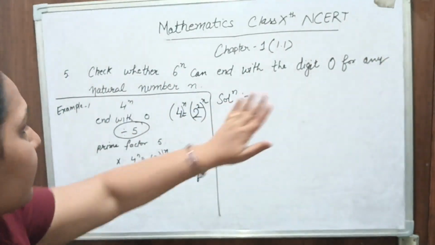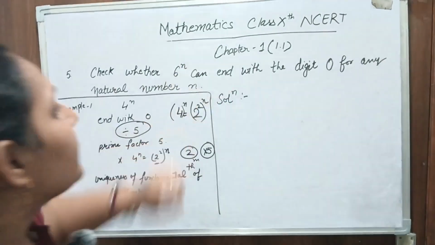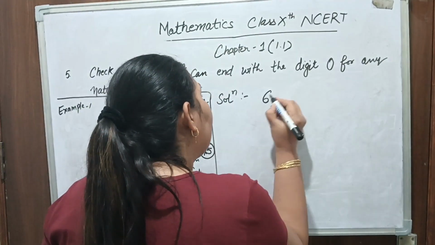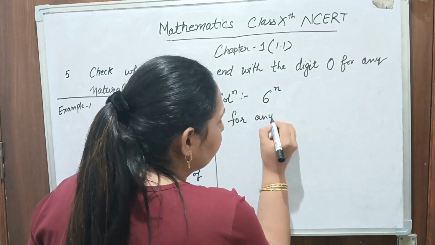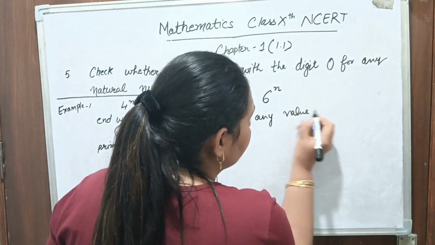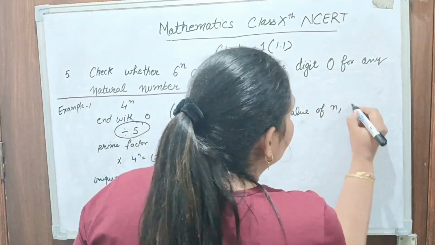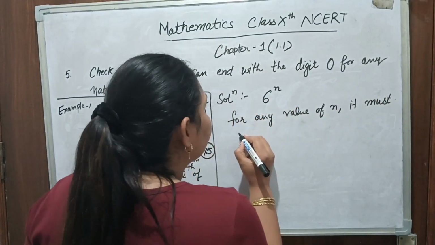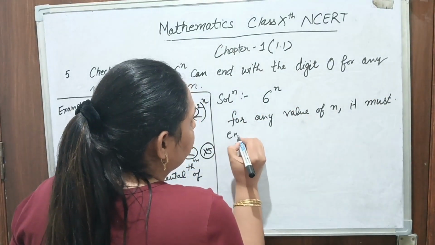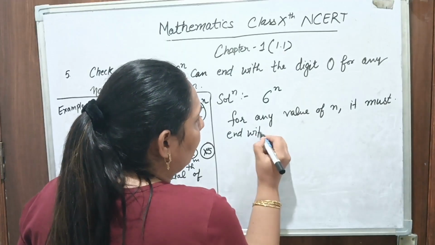Same thing applies here. We want 6 raised to the power n, for any value of n, to end with 0.